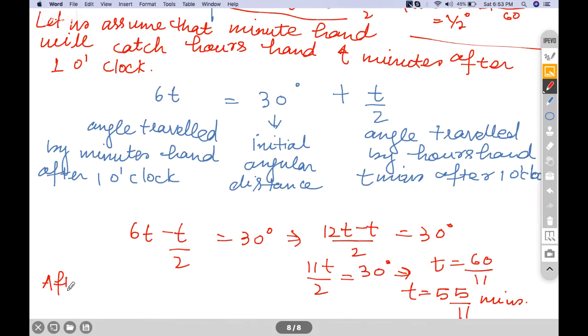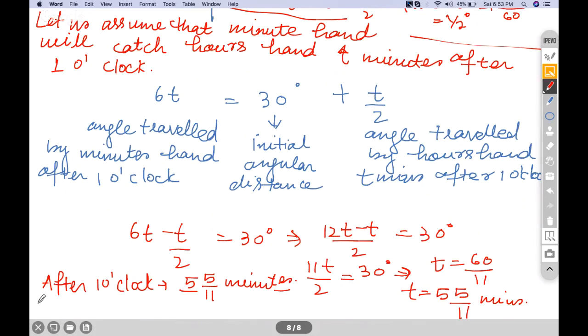After 1 o'clock, 5 5 by 11 minutes are needed. But when did they meet? Did they meet at 1 o'clock? No, they met at 12 o'clock. So from 12 o'clock to 1 o'clock, they have not met. They are meeting 5 5 by 11 minutes after 1 o'clock.